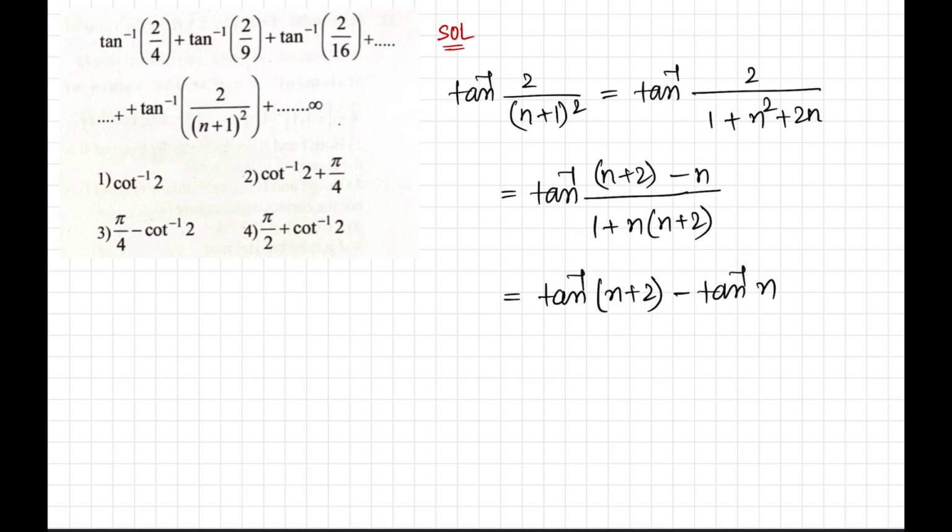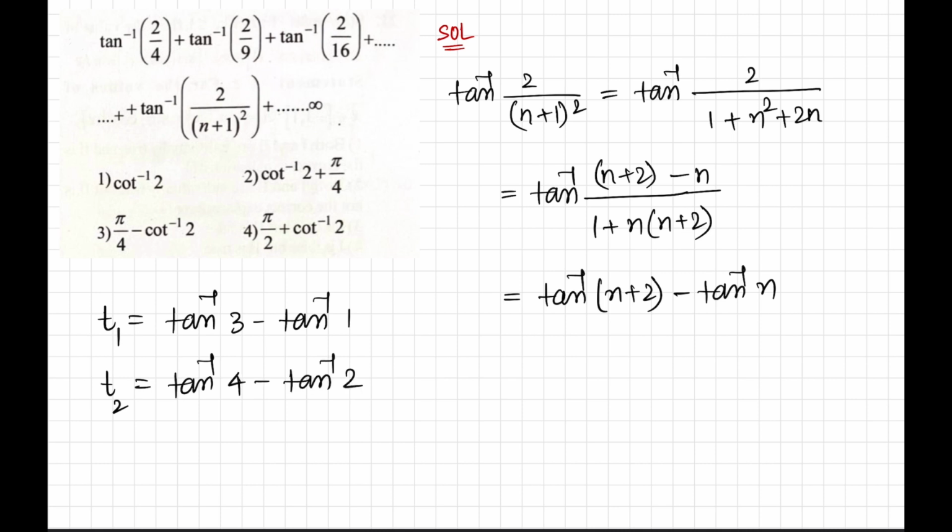So, if we write the first term T1, the first term is tan inverse 3 minus tan inverse 1. The second term is tan inverse 4 minus tan inverse 2. The third term is tan inverse 5 minus tan inverse 3, and so on.